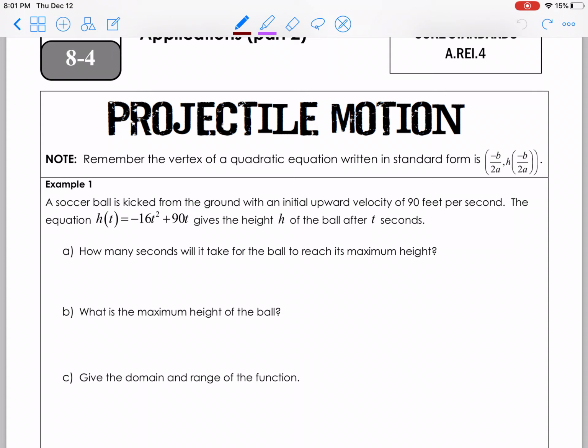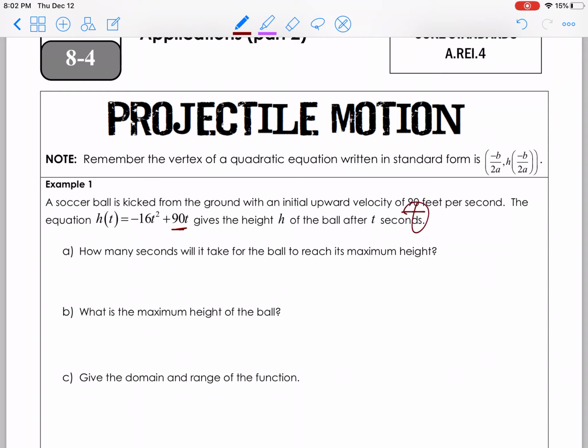That, by the way, is in the problem, so it's not an additional piece of information that we need. The equation h of t equals negative 16t squared plus 90t gives the height h. We talked about height, didn't we? So this axis is the height of the ball after t seconds. This is time. So this fits the story that we were just describing on that other page.